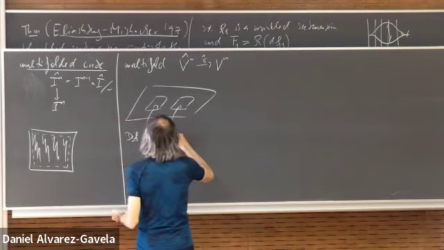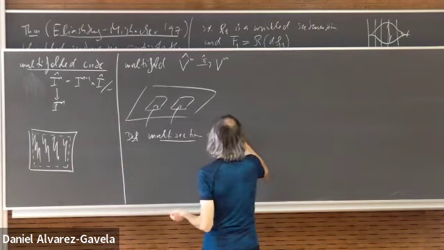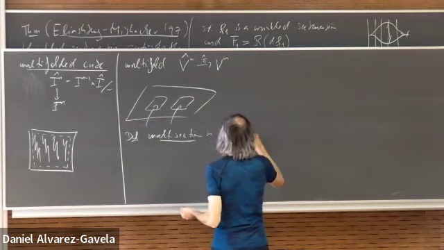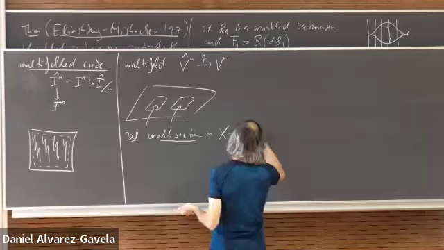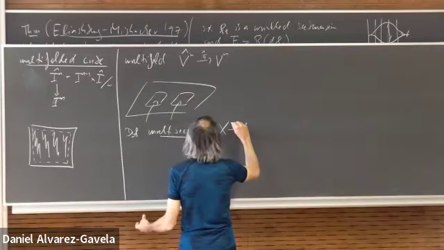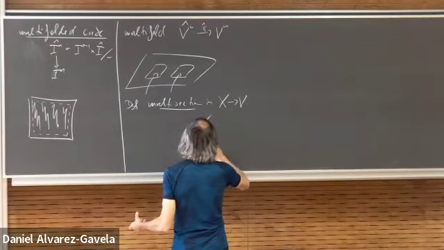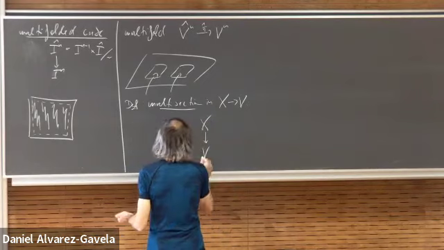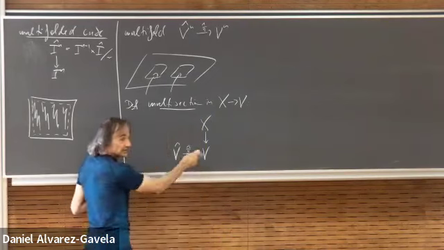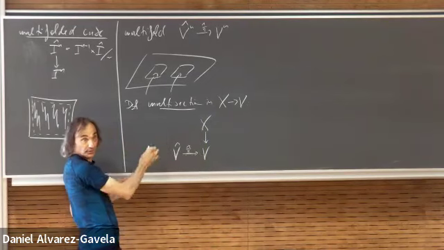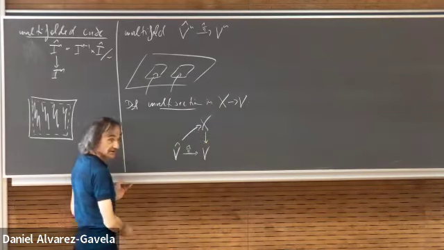A multi-section in a fiber bundle X over V. Let me draw X over V. We take some multifold over V. So we introduce some multifolded cubes in V, and then we have a map which is defined up here.